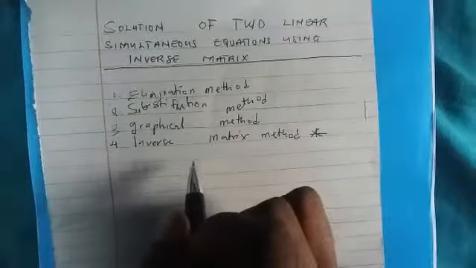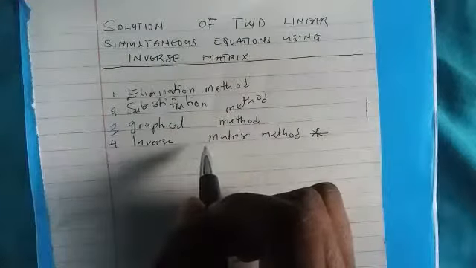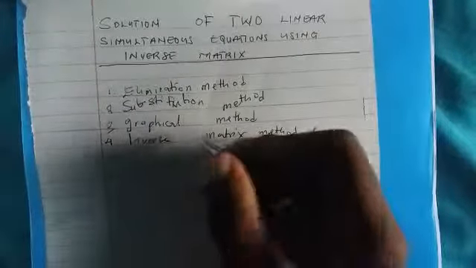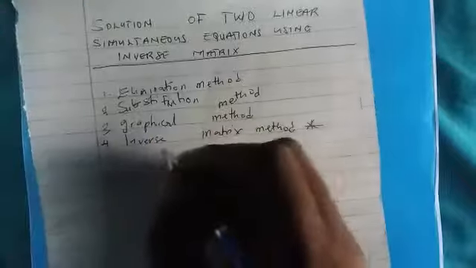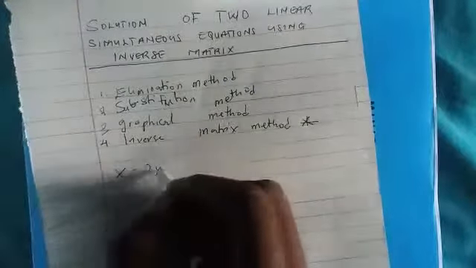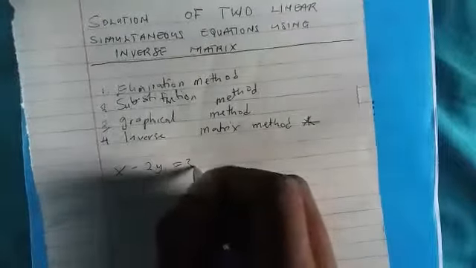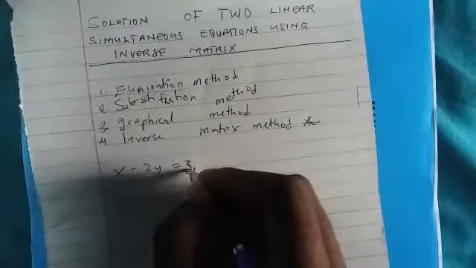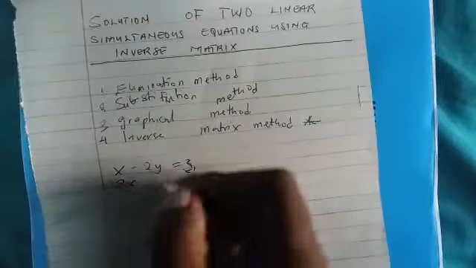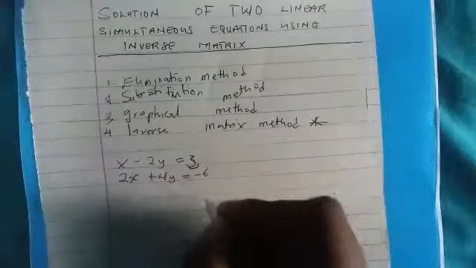So let's solve one example here under simultaneous equations, and simultaneous equations come in the form of equations such as x minus 2y is equal to 3, and then 2x plus 4y is equal to minus 6.